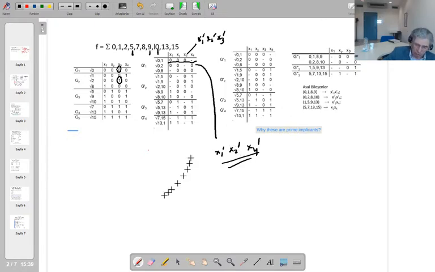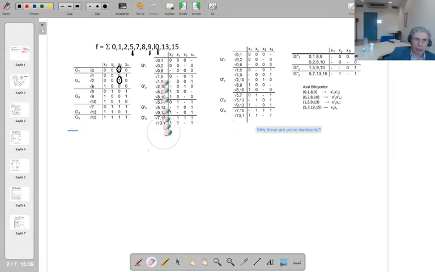So you can continue like that, and you're going to end up with this result. That means you compare 0 with 1, 2, and 8, and then don't compare 0 with 5, 9, 10 and the other non-neighbor group minterms.